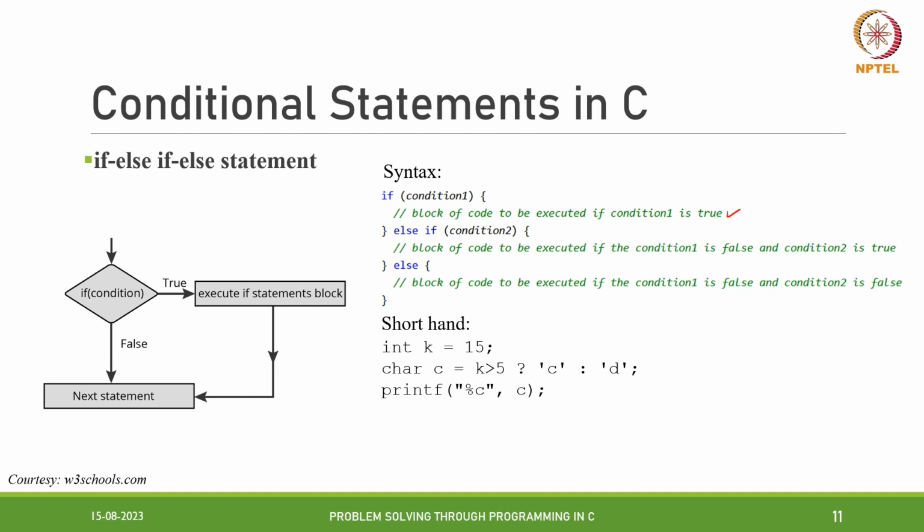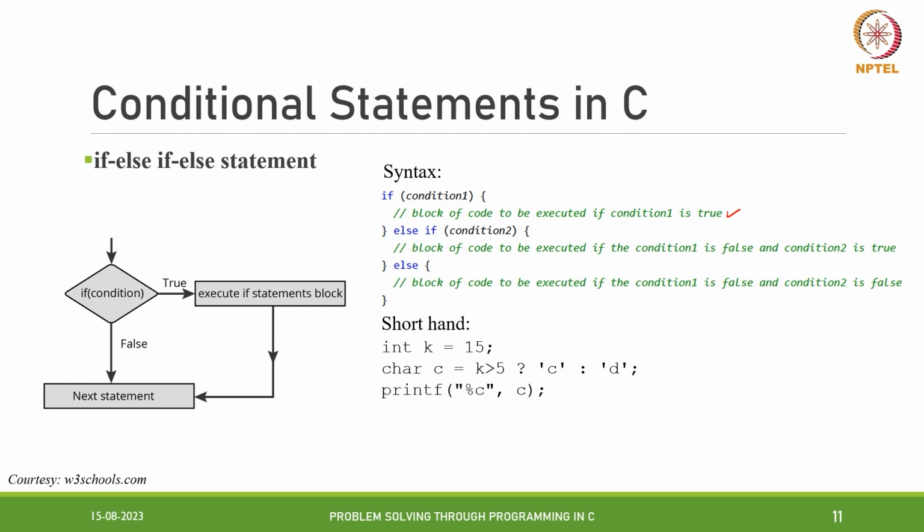So this block of code is executed if condition 1 is false and condition 2 is true. For this block to be executed, condition 1 needs to be false, only then will it come to the else if block. If both of these conditions are false, like condition 1 is false and condition 2 is false, then it will go to the else block. So that is basically the syntax for the if else if else statement.